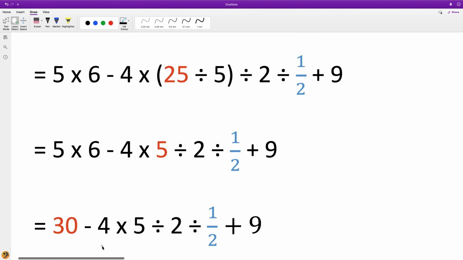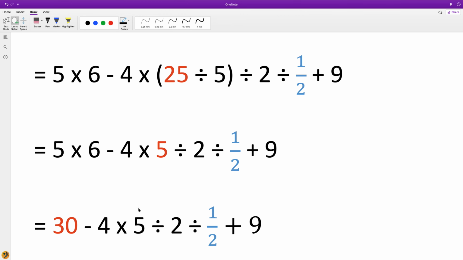Okay, so now we examine, once again, we've still got some subtraction, addition, multiplies and divides. So starting from left to right, we look at this here. We've got a subtraction and we've got a multiplication. According to our BODMAS rule, we multiply before we subtract.